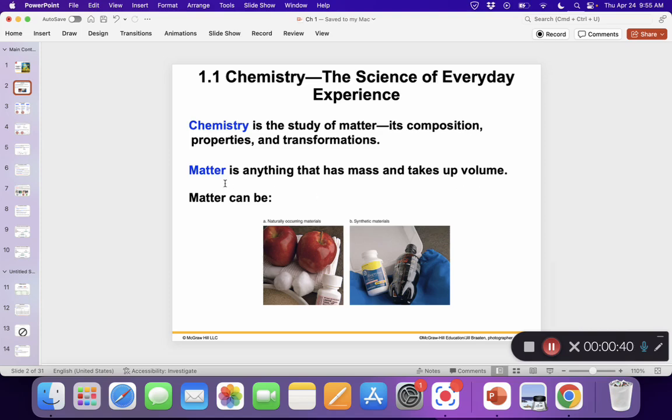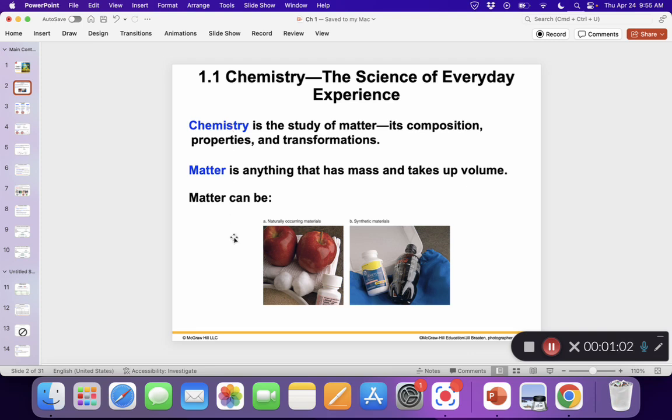So anything that is matter, we study: what is its appearance, what is its composition, what properties does it have, and can we transform one matter into another. Everything about matter is covered in a discipline of science we call chemistry.